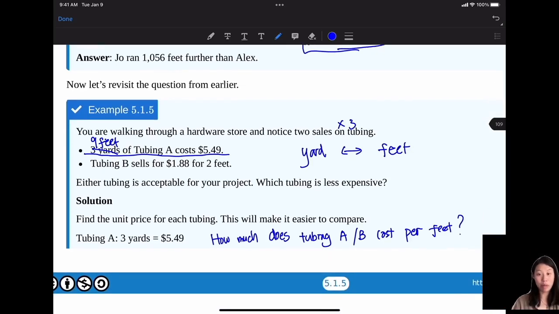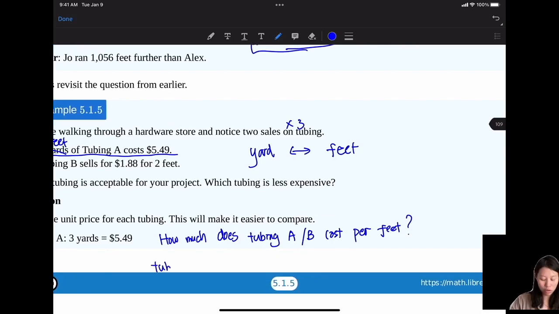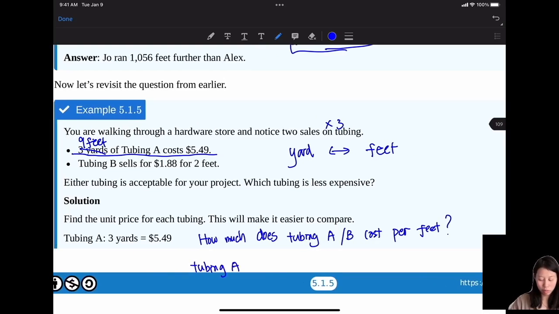If we find out about that, then we will find out which one is cheaper per unit. Since tubing A, 9 feet, costs $5.49, each foot of tubing A costs what?